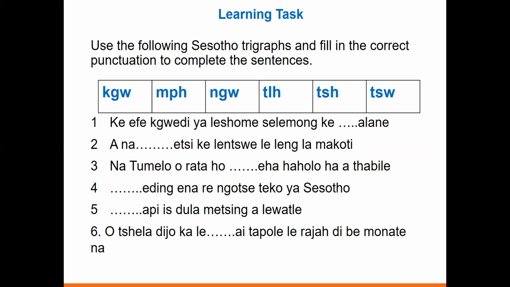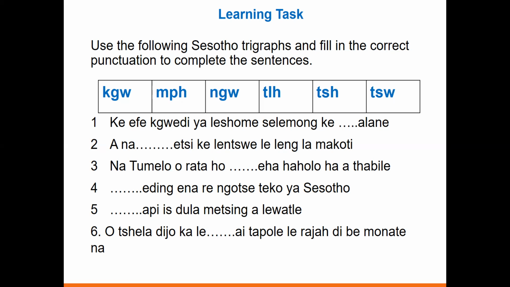Ke efe kgwedi ya leshome selemong, meaning which is the 10th month of the year. Ana ke lentswe le leng la makoti is the word, another word for makoti, a bride.